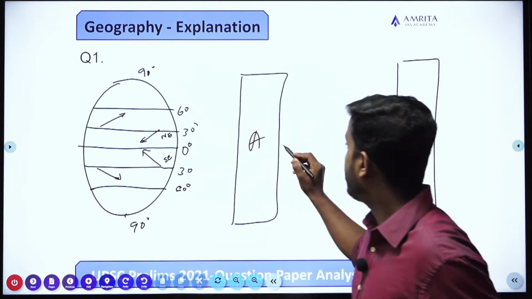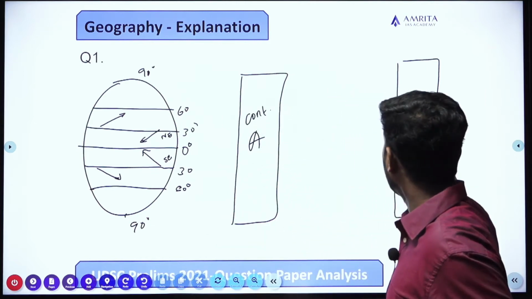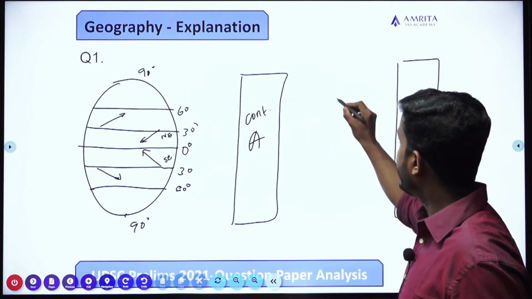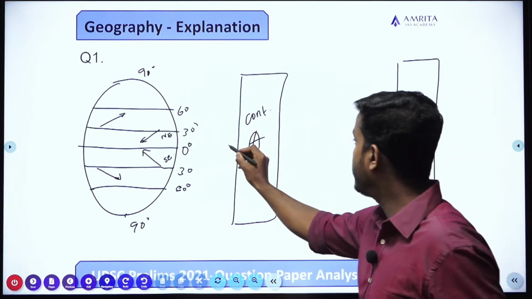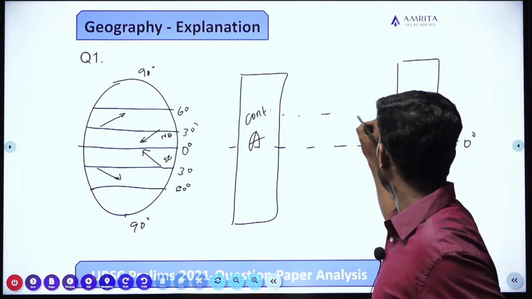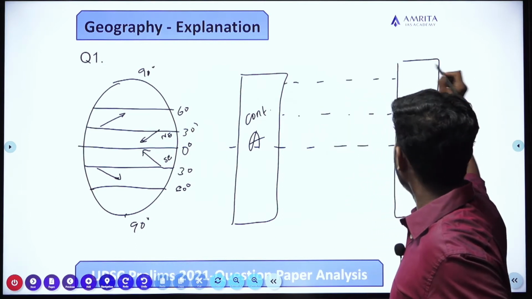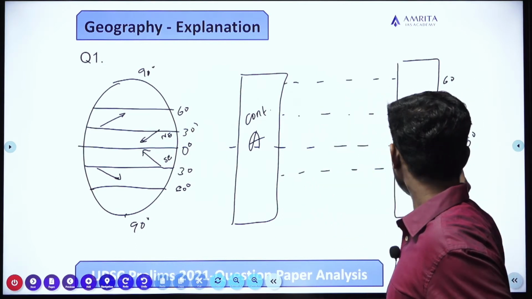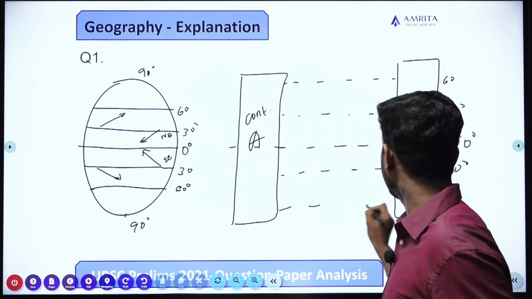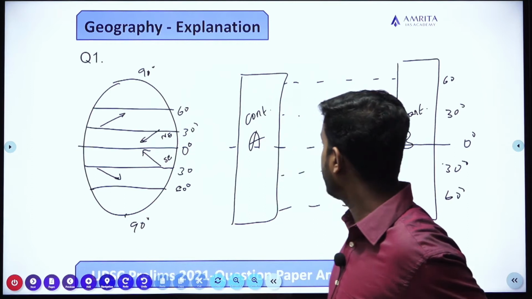Suppose this is continent A and this is continent B, and we have an ocean here. Suppose this is the equator, which is 0 degree, and we have 30 degree latitude here and 60 degree latitude here, and above that 90 degree. So this is the distribution of latitude, and these are the two continents.